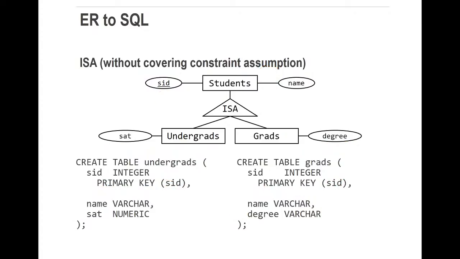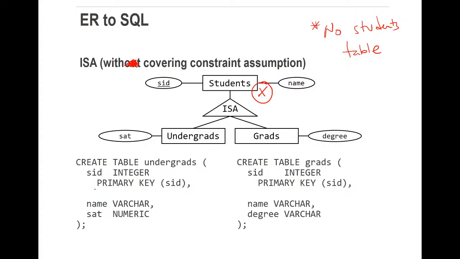Now, if you have a covering constraint, then you do not need to have the students table. On this second approach, no students table.